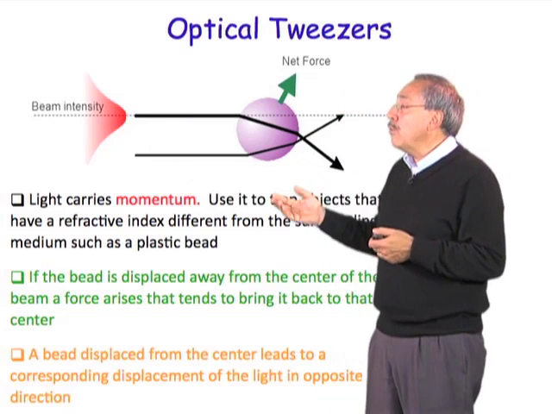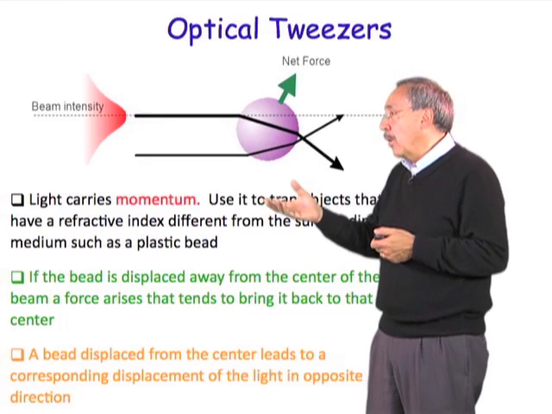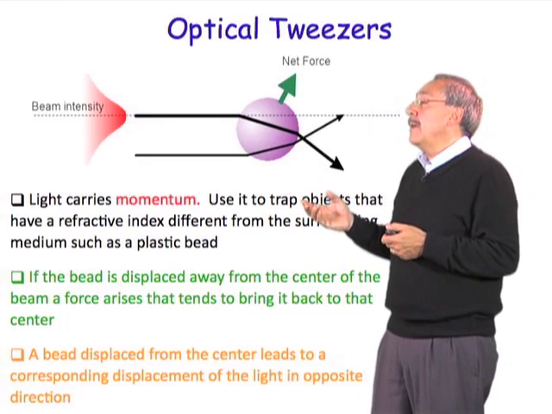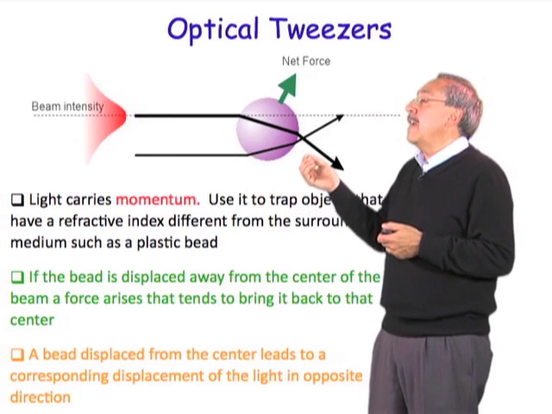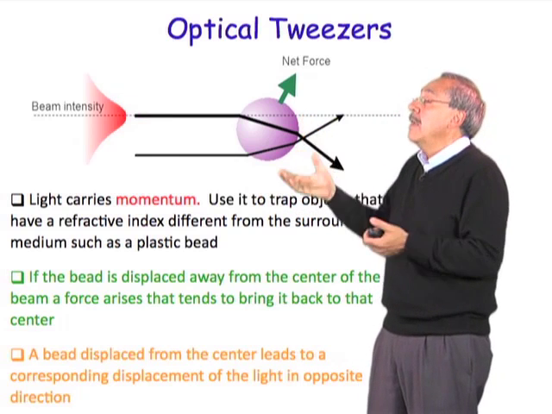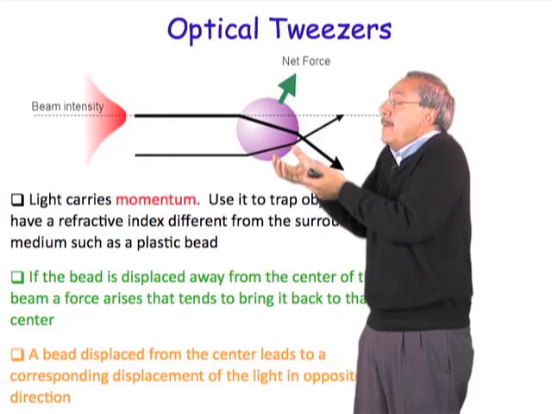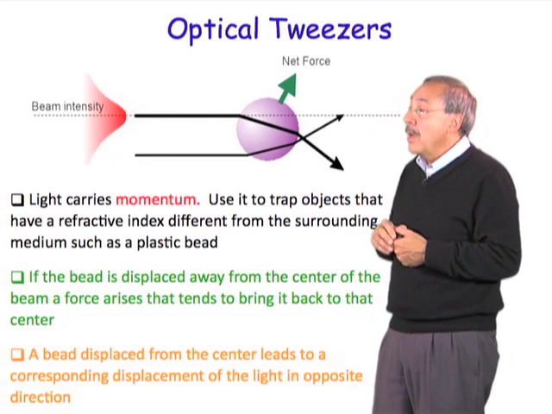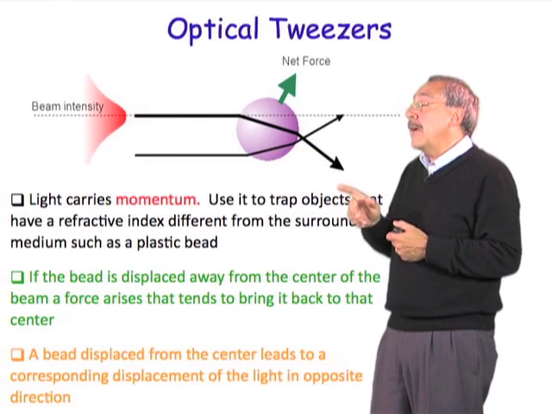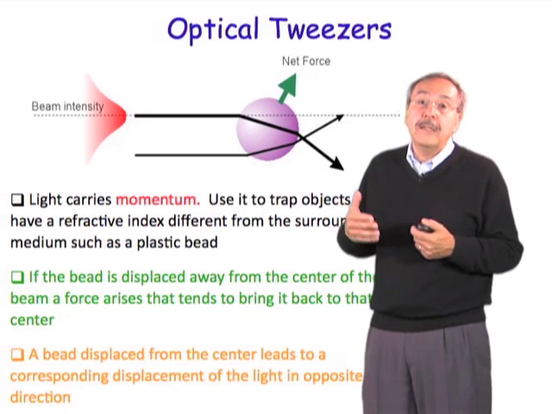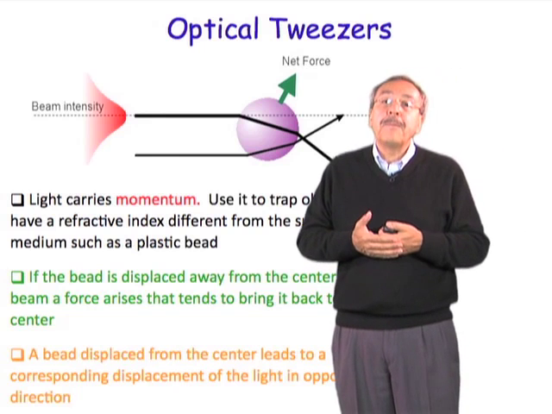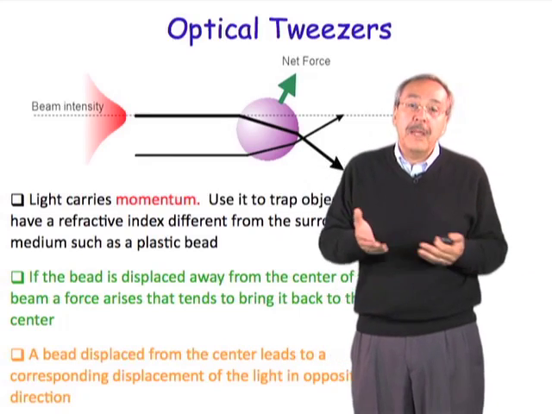Then if you approach a bead close to the beam, that bead will experience a net force, as indicated here, that will tend to suck the bead towards the center of the beam. Once that happens, every time you move the beam, the bead is going to follow the beam everywhere.